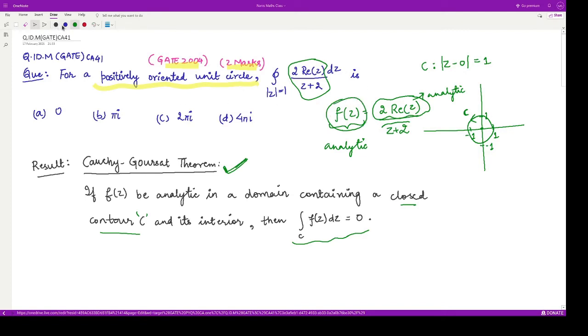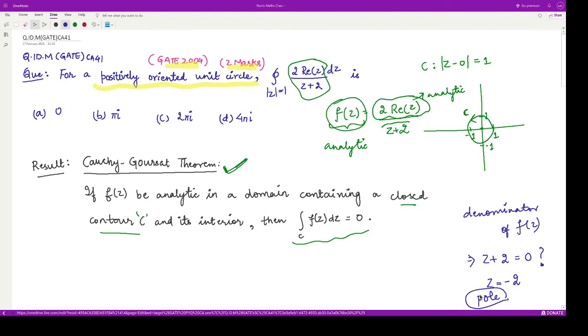So for that we just check the denominator of f(z), that is z + 2. Is this equal to 0 at some point? If this is so, we have a problem. So at z = -2, we have a problem. We say at z = -2, we have a pole.